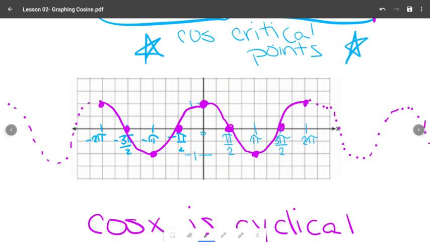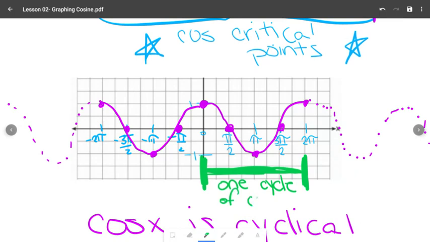cosine. However, the big thing that we're going to look at right here from the 0 to 2 pi for this graph, this is my one cycle. This is what one cycle of cosine looks like.